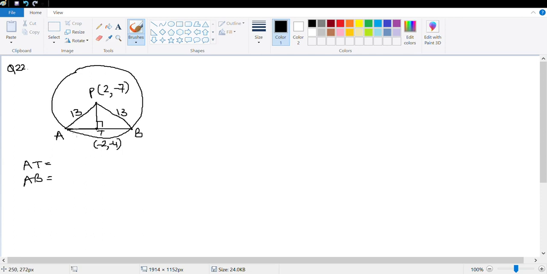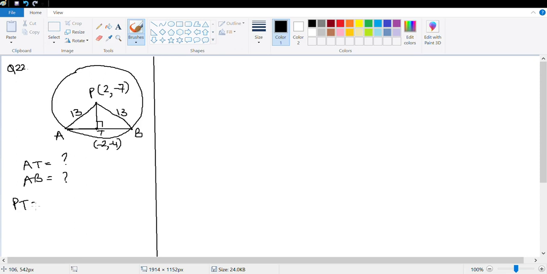So as soon as I see a right angle and I see a triangle, I can think of Pythagoras theorem. So let me try applying Pythagoras theorem. First, let me try finding the length of PT. Once I get the length of PT, applying Pythagoras theorem, I should be able to calculate the length of AT. So let's find length of PT first.